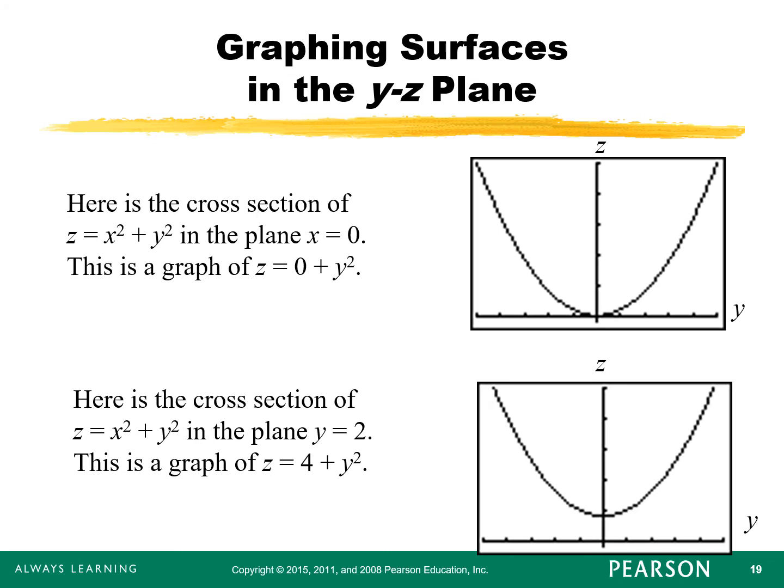For example, here is the cross section of z equals x squared plus y squared in the plane x equals 0, and this is a graph of z equals y squared, because when we put 0 for x, the graph will be z equals y squared. The graph is right there. And when we put 2 for y, the graph of the function will be z equals 4 plus y squared.